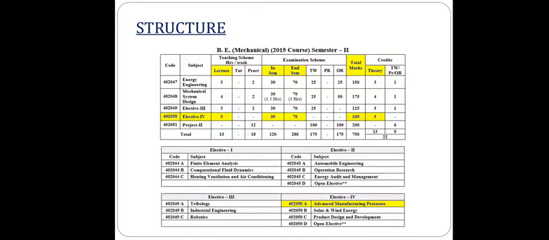Advanced Manufacturing Processes, Elective 4, is of total 100 marks. These 100 marks are divided into two examination schemes: 30 marks for in-sem examinations and 70 marks for end-sem examinations, as shown on screen.